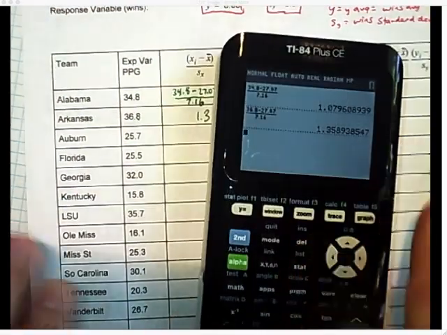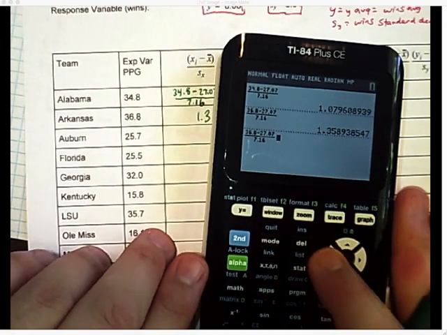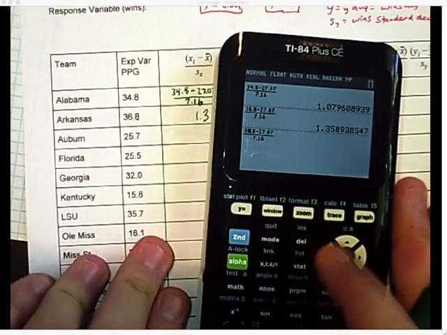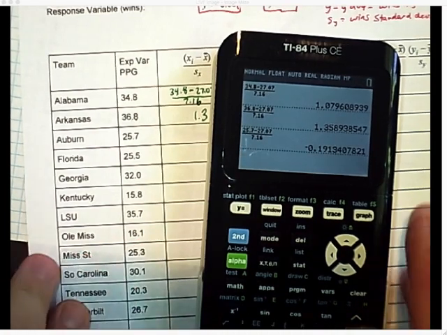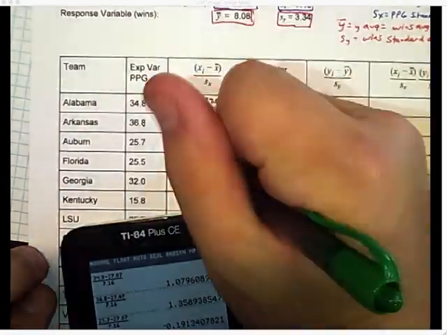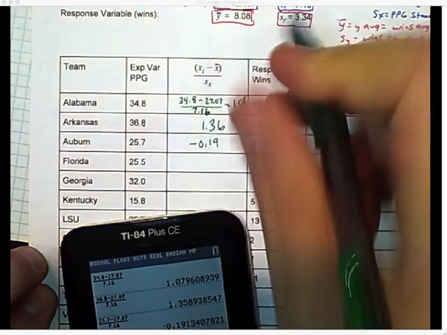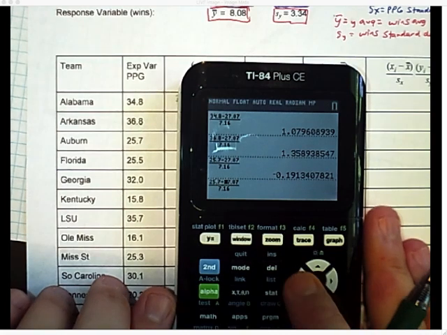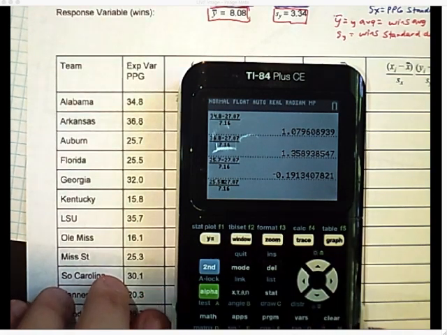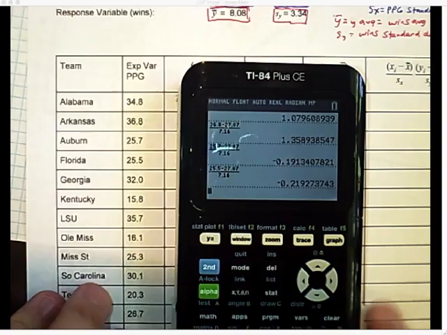And then for the next one, change the 36.8 to 25.7. Negative 0.19. Negative 0.22.